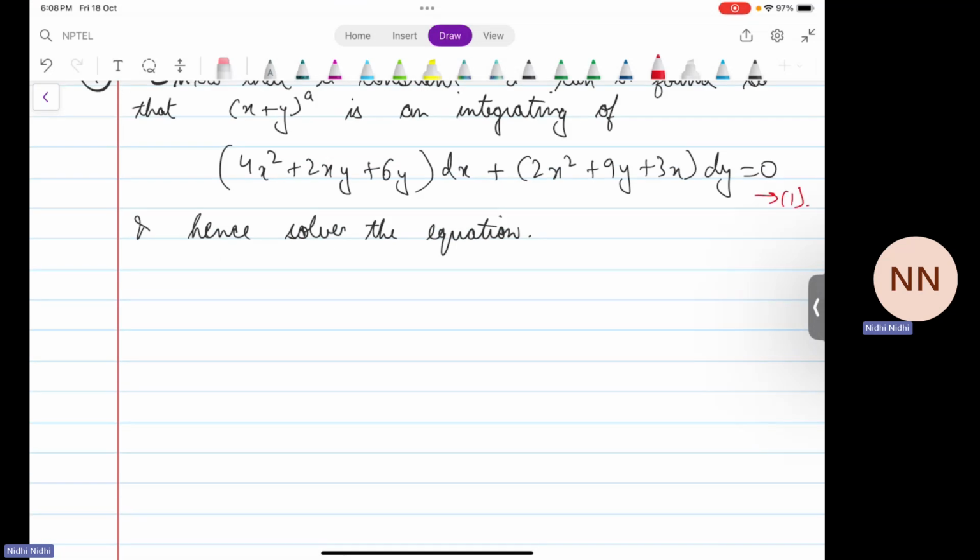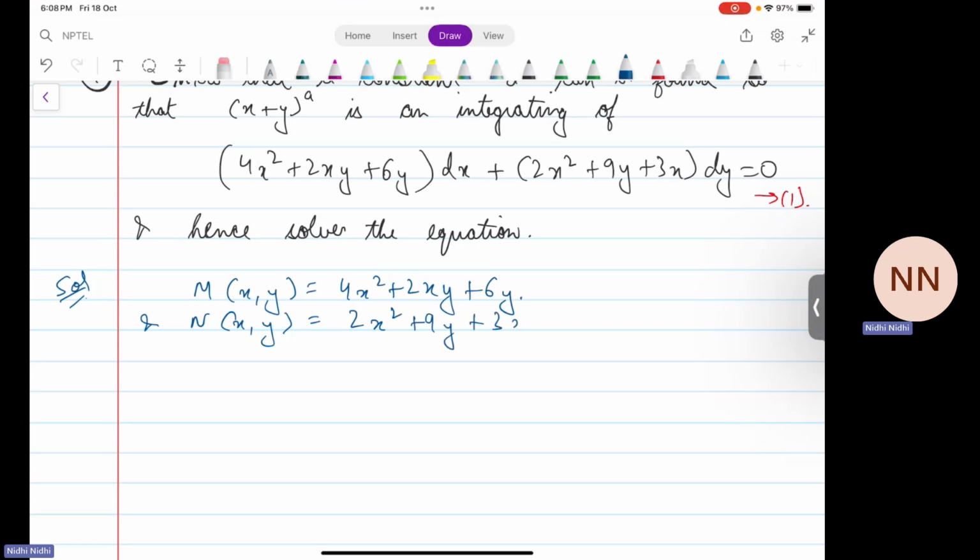So, first of all, let us see whether this equation is exact or not. Here we take M(x,y) to be 4x squared plus 2xy plus 6y, and N(x,y) is equal to 2x squared plus 9y plus 3x.